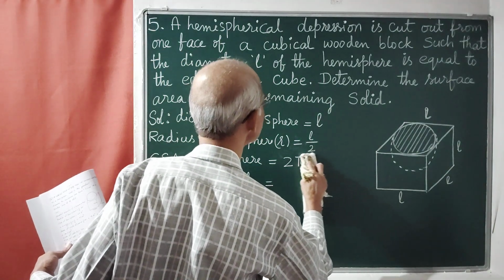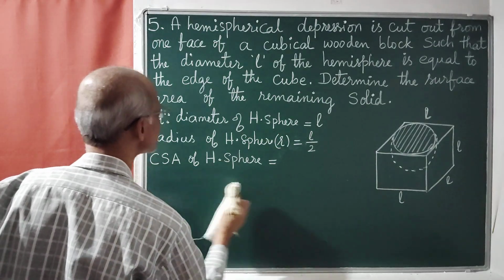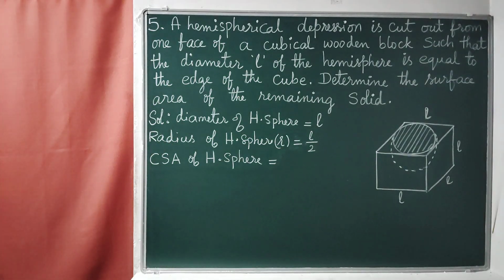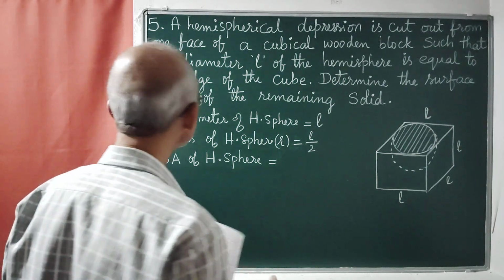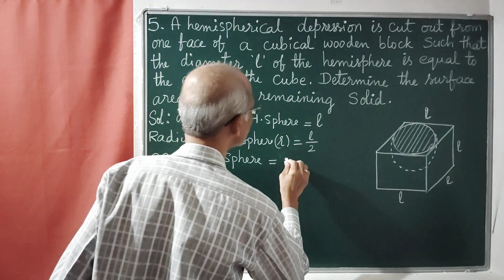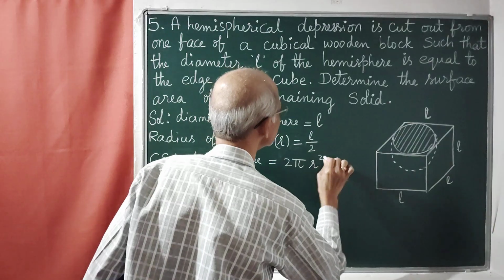Here we will not use the value of pi. We will keep pi as pi only. Here the CSA of the hemisphere is 2 pi r square.